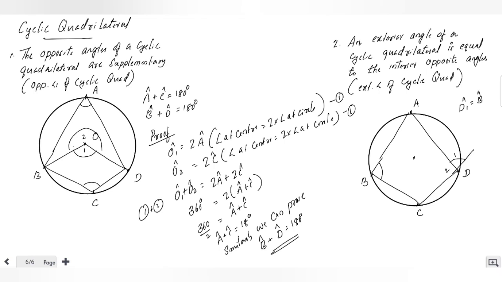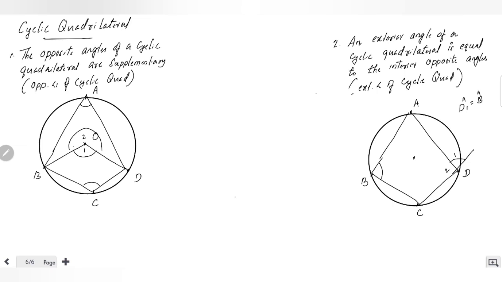Exterior angle of a cyclic quad is equal to the interior opposite angle. Okay, so what is the exterior angle? When you extend one side of a polygon, see this CD I extended, and I got an exterior angle D1, and you have to prove that D1 is equal to B, isn't it?